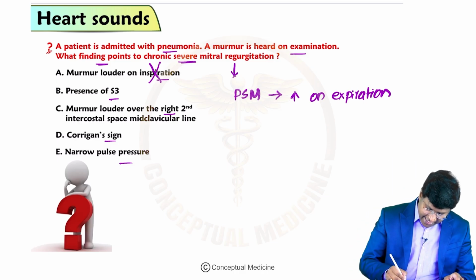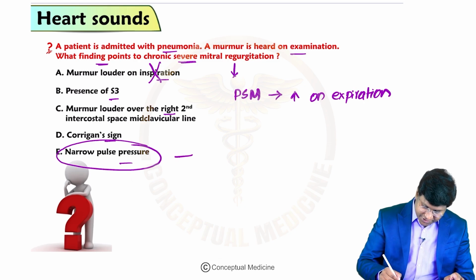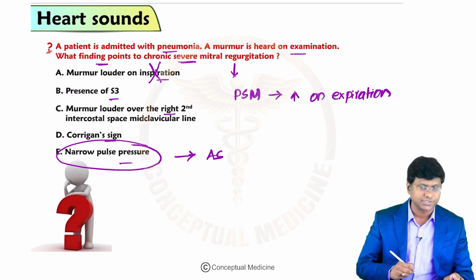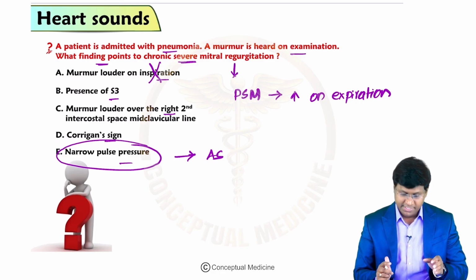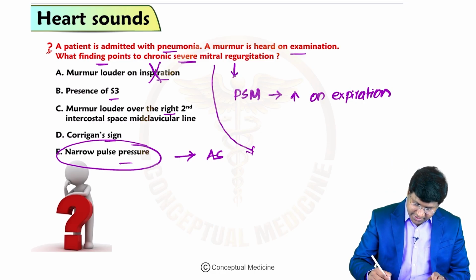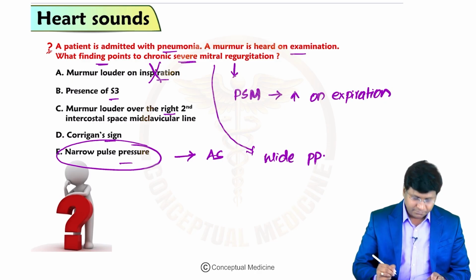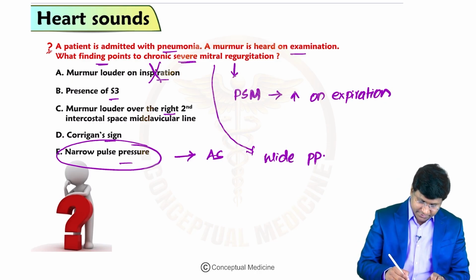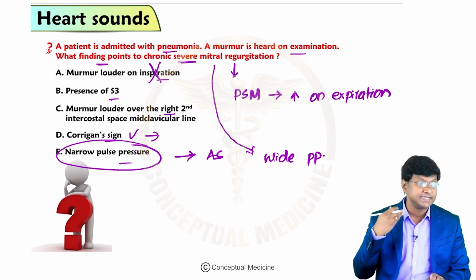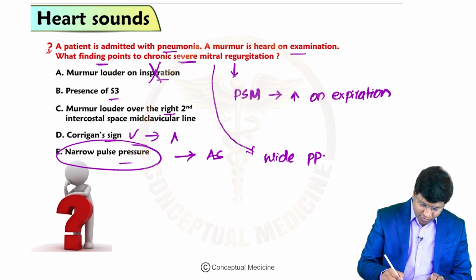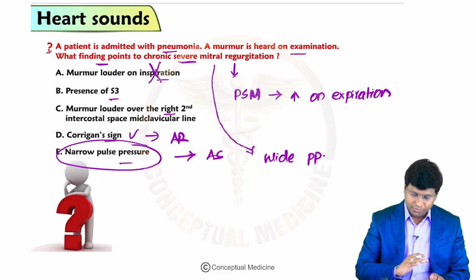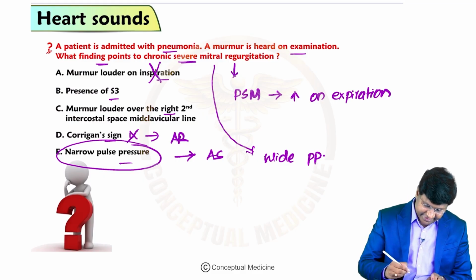Next, narrow pulse pressure is a feature of aortic stenosis, not a feature of mitral regurgitation. In patients with mitral regurgitation, they have wide pulse pressure. Corrigan sign, which is nothing but the dancing carotid, is a feature of aortic regurgitation. So Corrigan sign is a wrong statement.